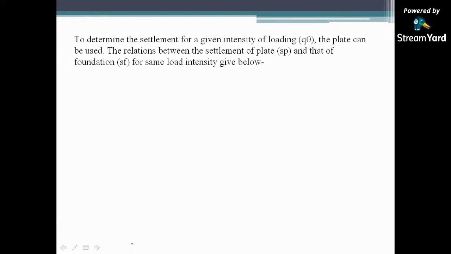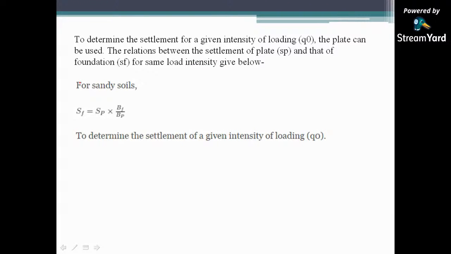To determine the settlement for a given intensity of loading, Qo, the plate can be used. The relation between the settlement of the plate Sp and that of the foundation Sf for the same load intensity is given below. So for sandy soil, Sf equals Sp into Bf upon Bp.